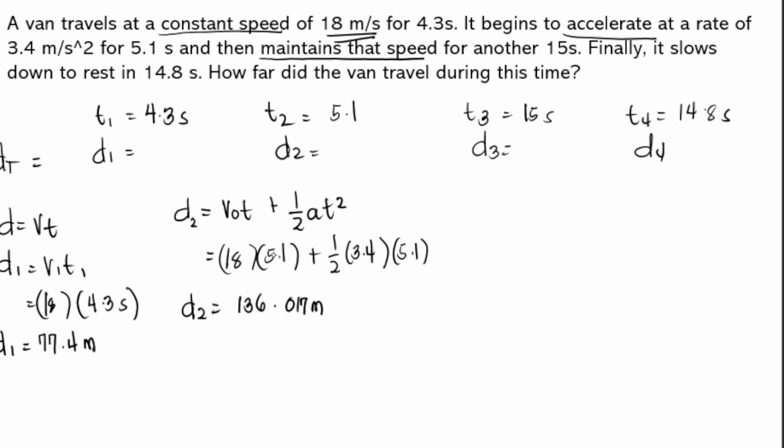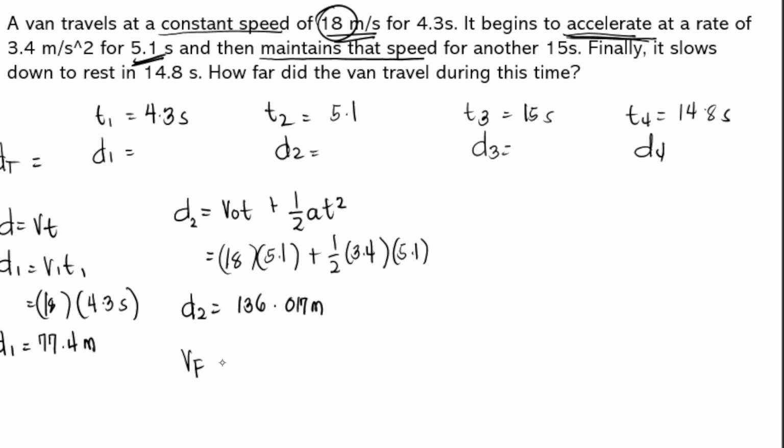Though, hindi na natin pwedeng gamitin si 18. Bakit hindi na natin pwedeng gamitin si 18? Kasi it begins to accelerate. When we have acceleration, the velocity changes within 5.1 seconds. So we have to compute the final velocity after 5.1 seconds.